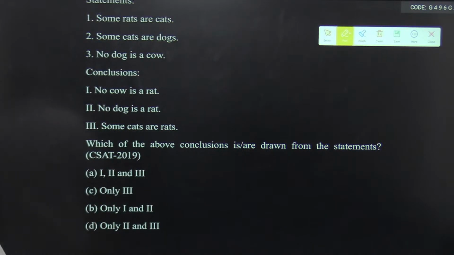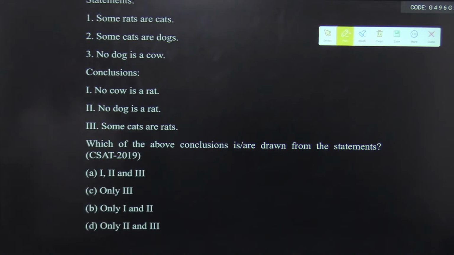Next one, 1 minute. So if you see, the repetition has already set in.